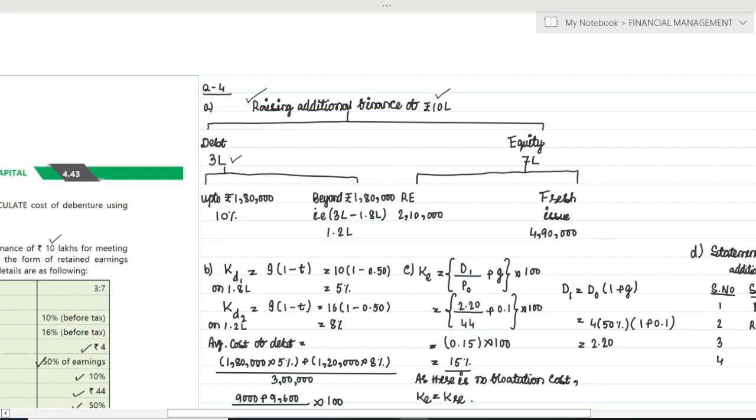And another 7 lakh we will bring by using equity shares. Up to 1.8 lakh we need to give 10% as interest, and beyond 1.8 lakh we need to give interest of 16%.